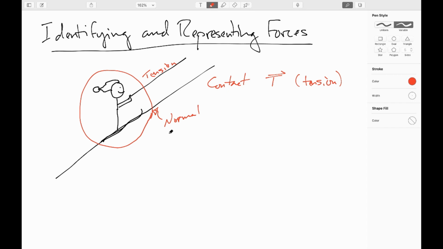And in fact, specifically, it's kinetic friction. So you can put those into our list of contact forces as well. You can put down an N for normal force. And then conventionally, kinetic friction is a small f sub k.